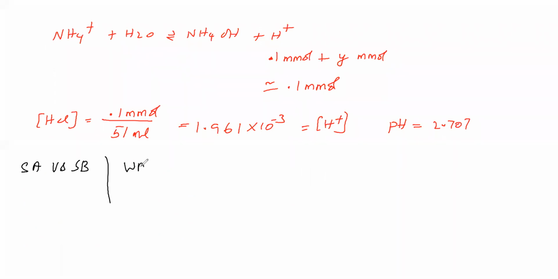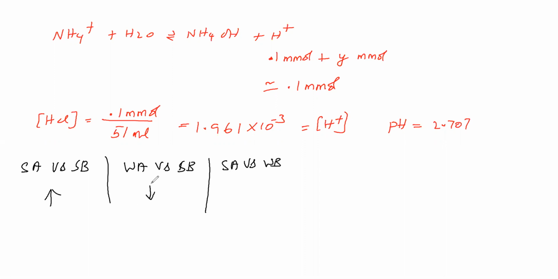Then weak acid versus strong base, we have discussed, here also near the equivalence point pH changed drastically. What is the change in pH near the equivalence point here and here? The change in pH near the equivalence point here will be high. The change in pH near the equivalence point here will be low. Isn't it? Same thing we have observed for a strong acid versus a weak base titration.